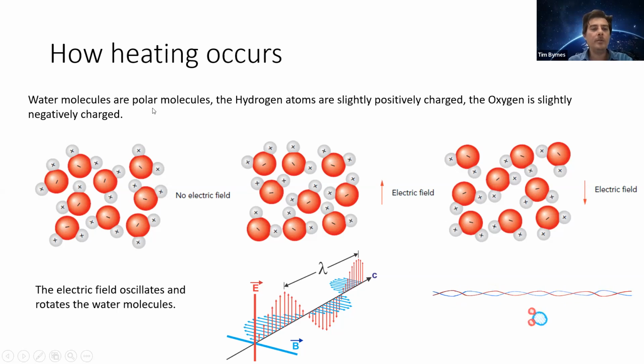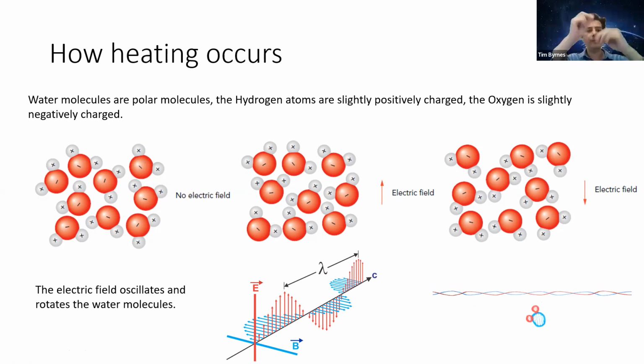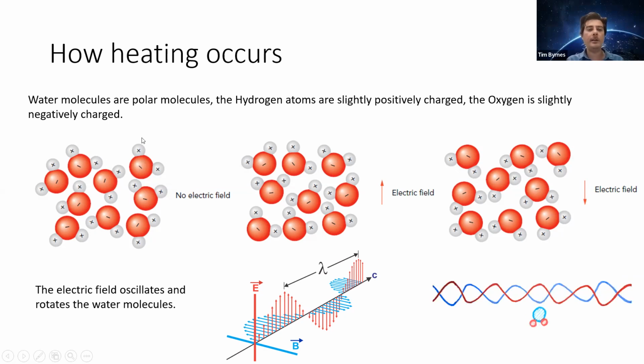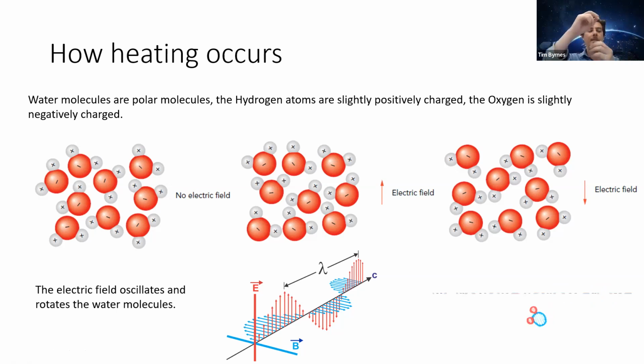Water molecules are polar molecules: the oxygen is negatively charged and the hydrogen is positively charged. So you have a little dipole, which is effectively a plus and a minus charge. Just like in the antenna where the plus and minus charges go back and forth, the microwaves will also try to move these plus and minus charges.